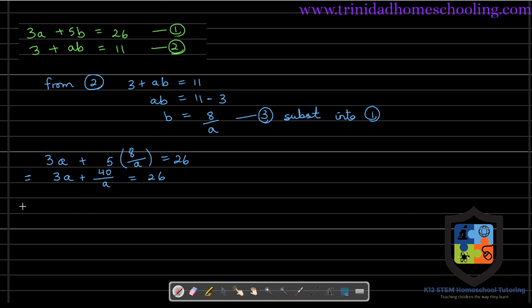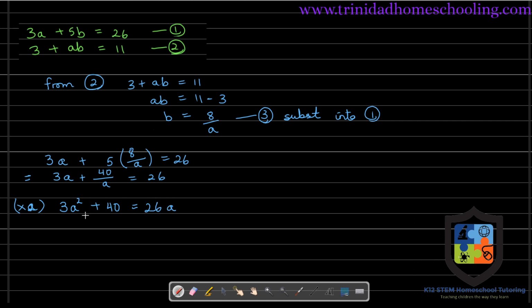Now I need to move this a out of the denominator. To do that, I will multiply this entire equation by a. So 3a multiplied by a will give me 3a squared, plus 40 divided by a multiplied by a will give me just plain old 40, and the 26 multiplied by a will give me 26a.